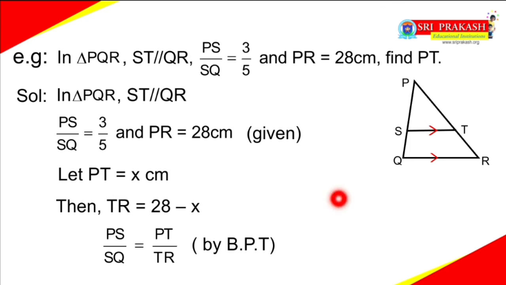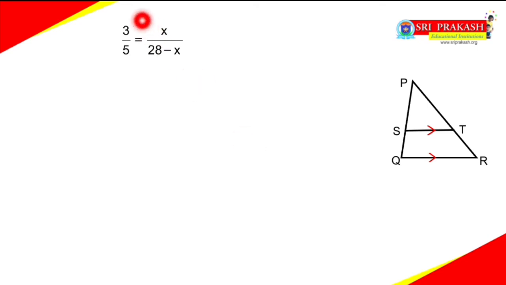Now let us replace PS by SQ with 3 by 5 and substitute the values of PT and TR in this equation. Children, then we get 3 by 5 is equal to x by 28 minus x.